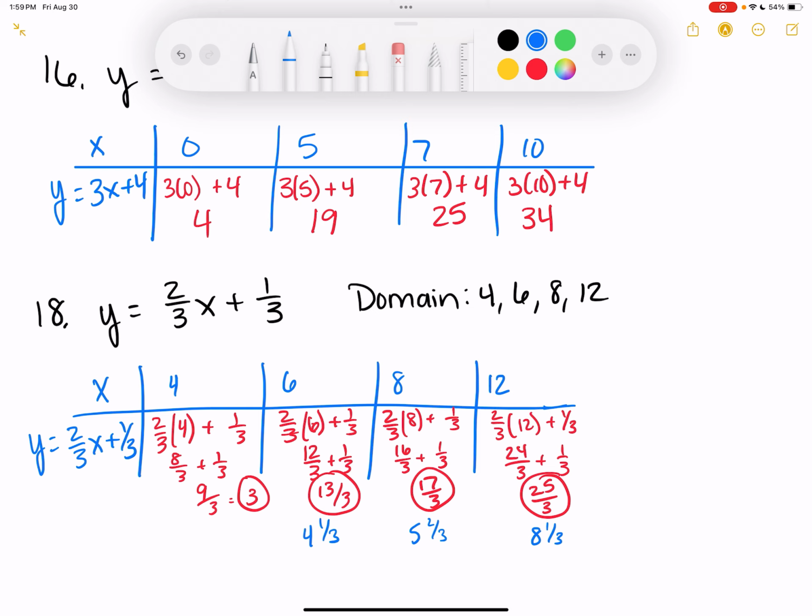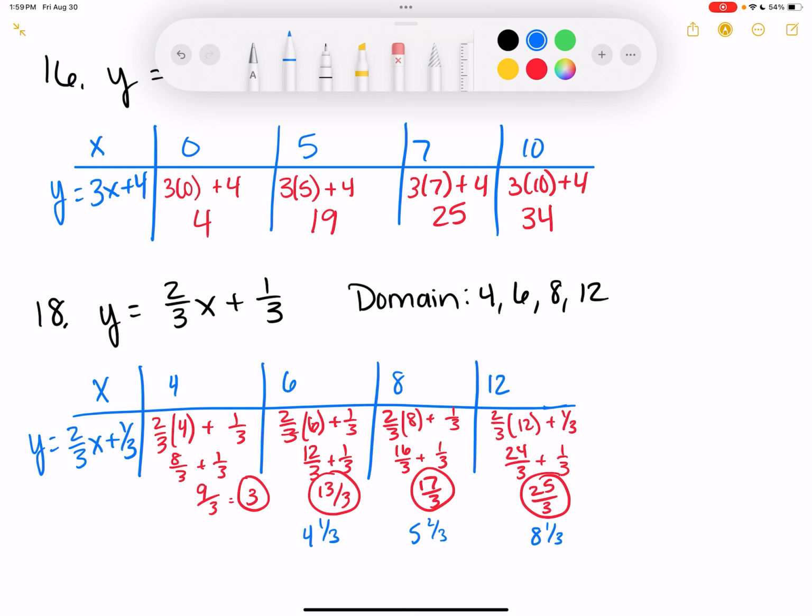All right, what range value did we get for domain 4? 3. What range value did we get for domain 6? 4 and 1/3.